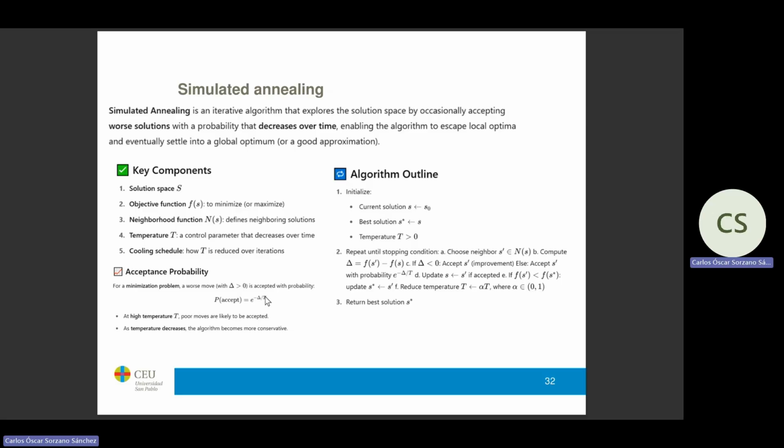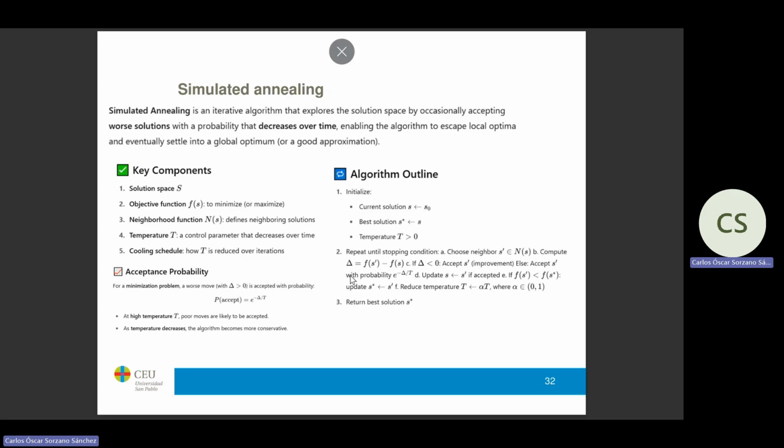But then let's say that the temperature is very low, and this change is 5 times the temperature. So this is e to the minus 5, which is a low number. Then the probability of accepting a worse solution is very low.